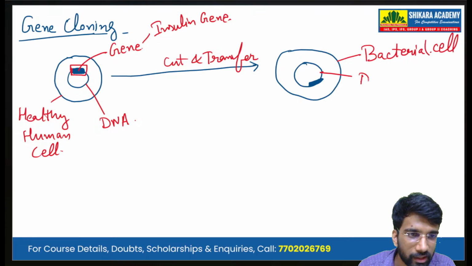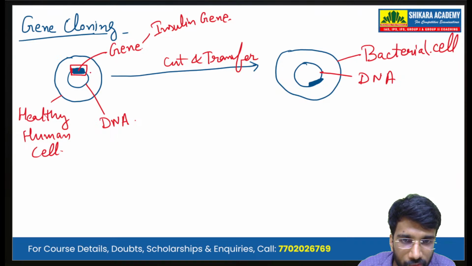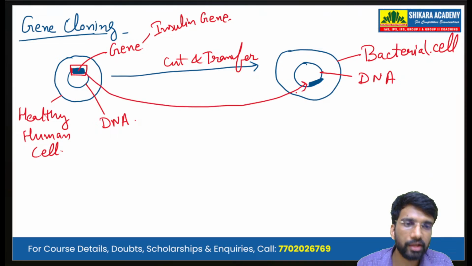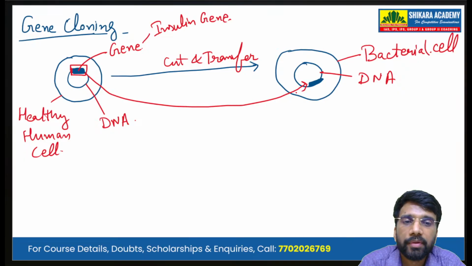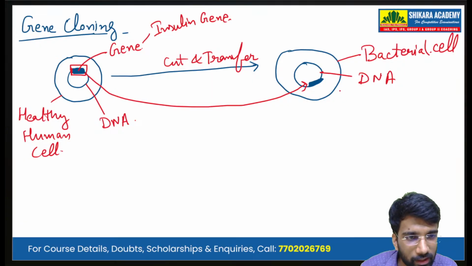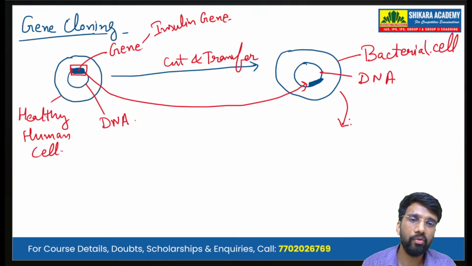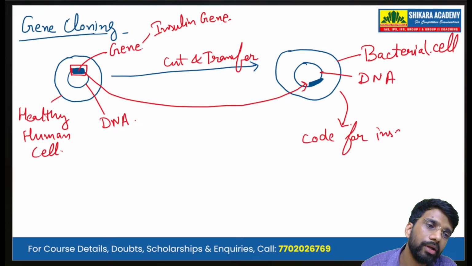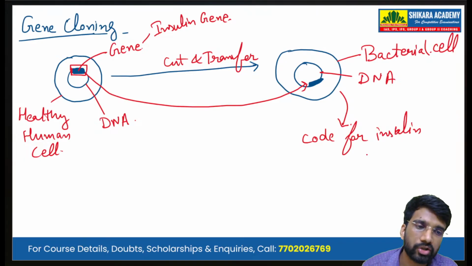This is the bacterial DNA. And now we have transferred this insulin gene into this bacterial DNA. Now what will happen? This bacterial cell will now start coding for insulin production.